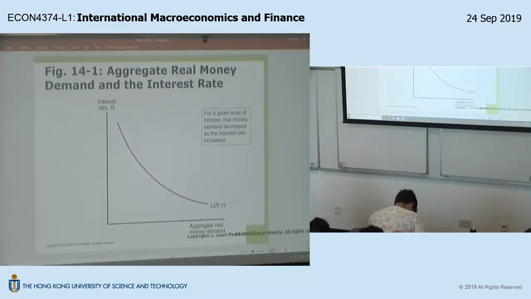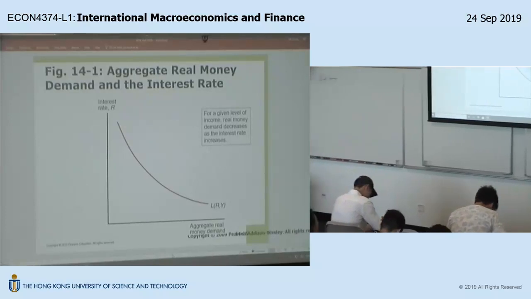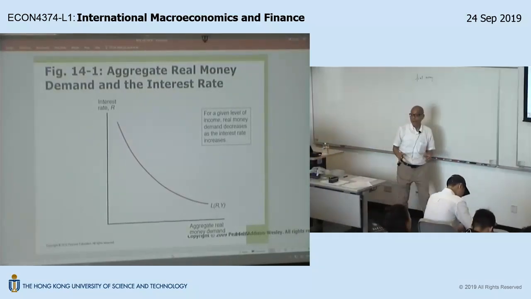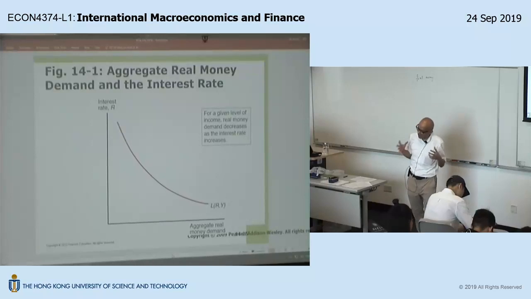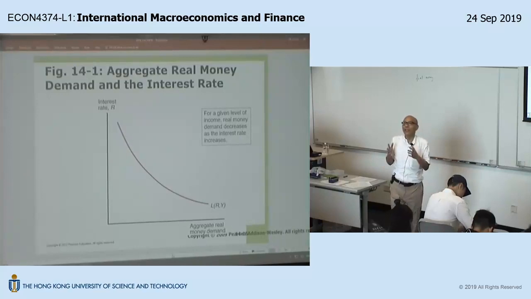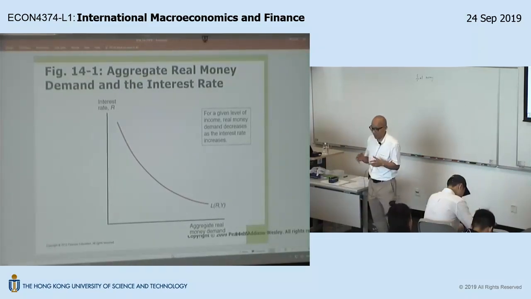So the center of this is the trade-off between liquidity and interest rate. With high interest rate, I would rather hold less liquidity. Let's say I keep very little money in my savings account in the bank.